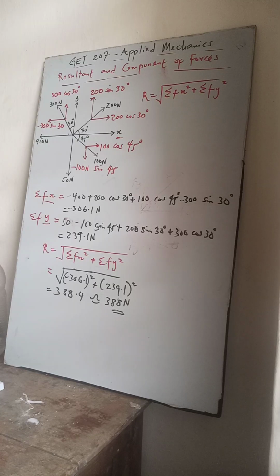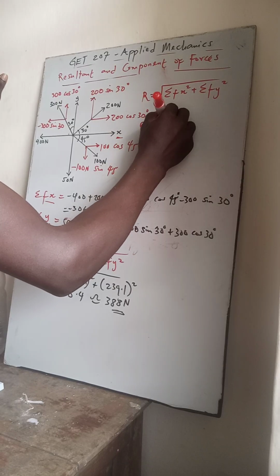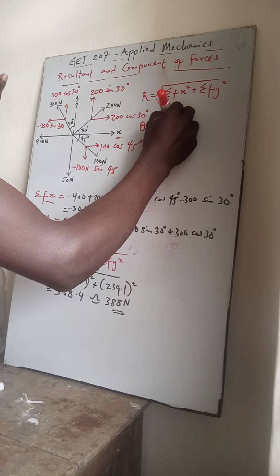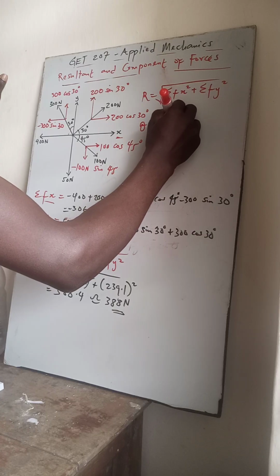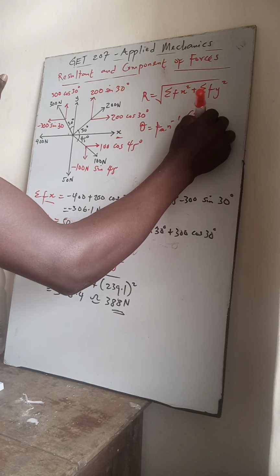In case you are asked to calculate for the angle, that is the direction, because there are some questions that may ask you to calculate for the direction. Direction is known as tan inverse of summation Fy over summation Fx.